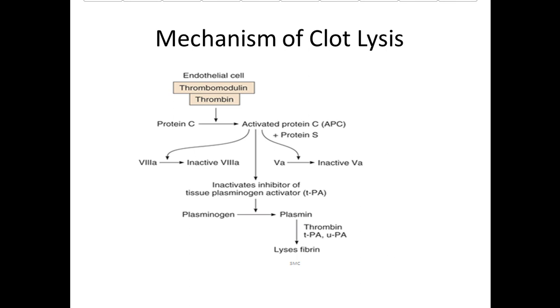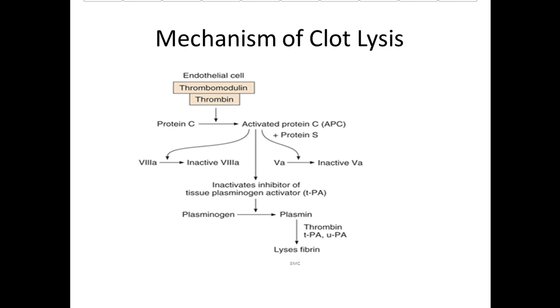On the other hand, this thrombin results in the activation of protein C and protein S, which results in the inactivation of factors V and VIII, and also inactivates the inhibitor of tissue plasminogen activator.